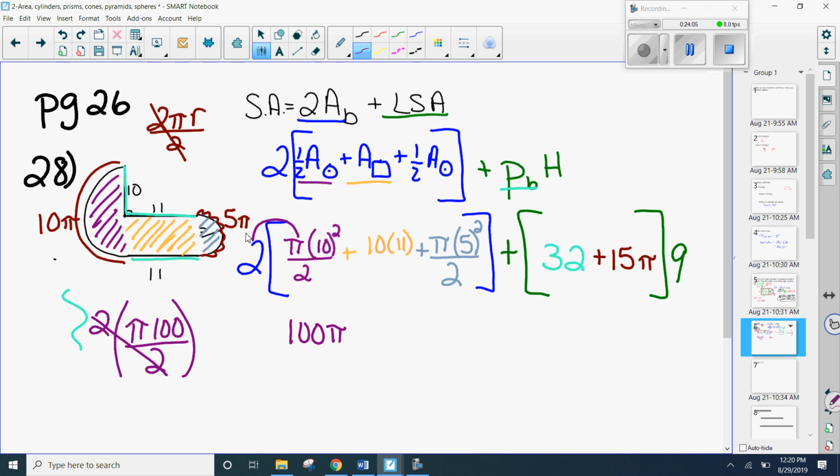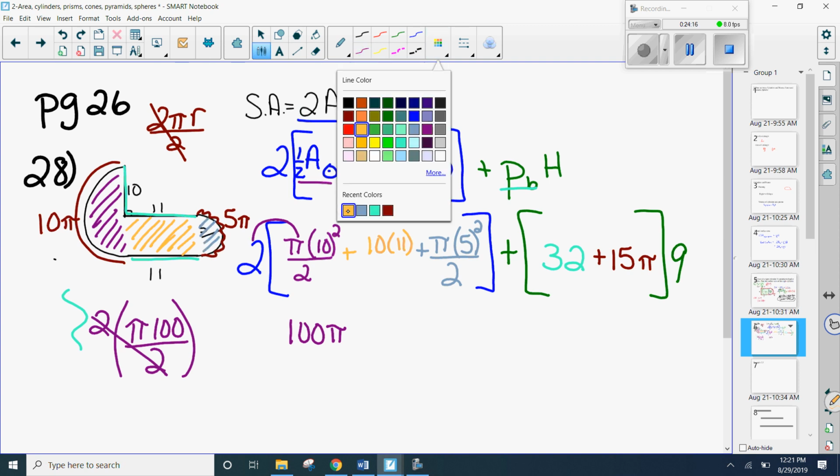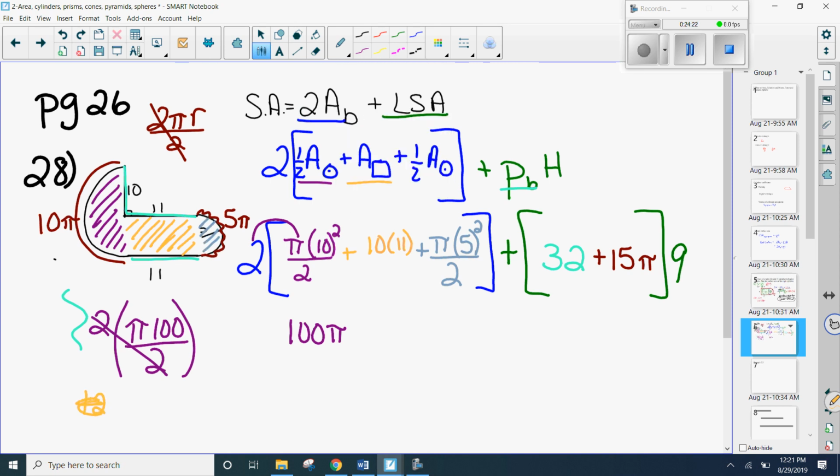I have 50 pi here, and I got 50 pi out here because it's a cylinder. It's like a whole circle. The next part is going to be 10 times 11, which is, no. It's 110. And you take it times 2, which is going to make it 220. Is that okay if we do that kind of all like that?